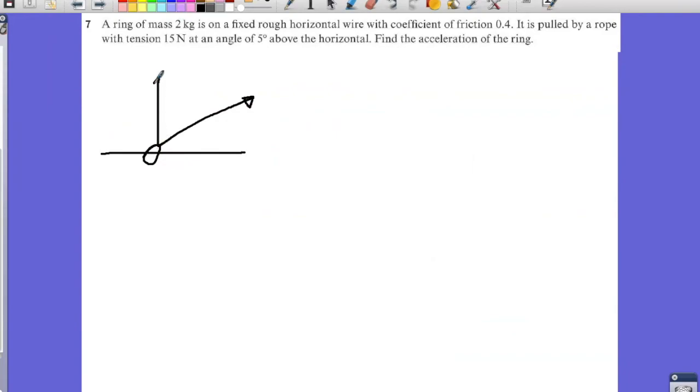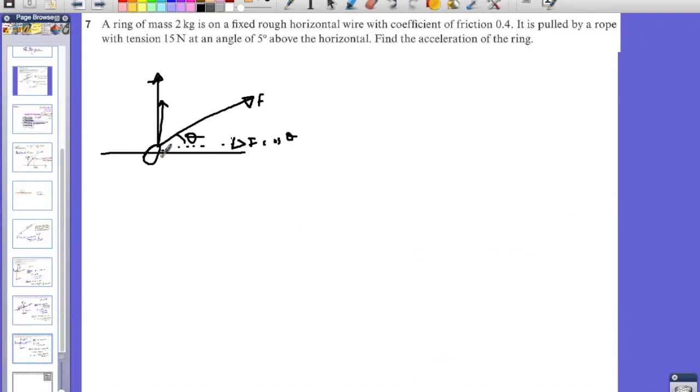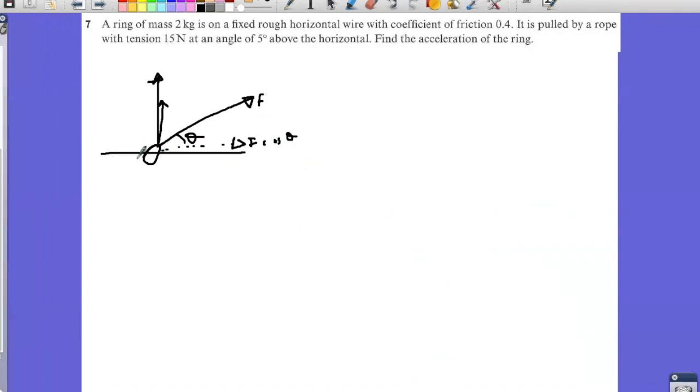We have to see that the normal contact force plus the component of this force upwards should be equal to the weight. And then the force that is going to try to drive the ring along will be this force, F cos theta, where theta is this angle. And so the analysis should be the same. You resolve vertically, and then you resolve horizontally to find the frictional force. Okay?